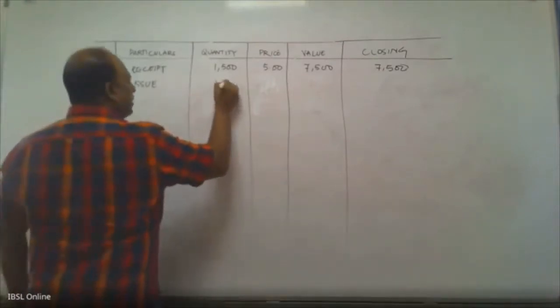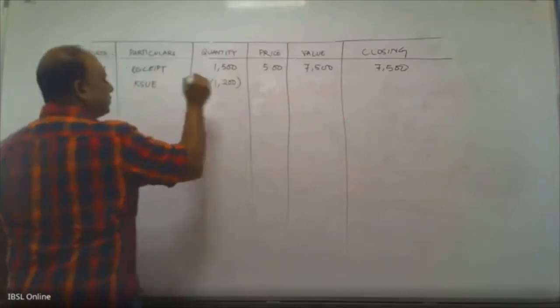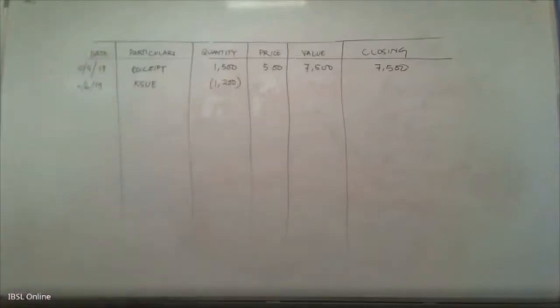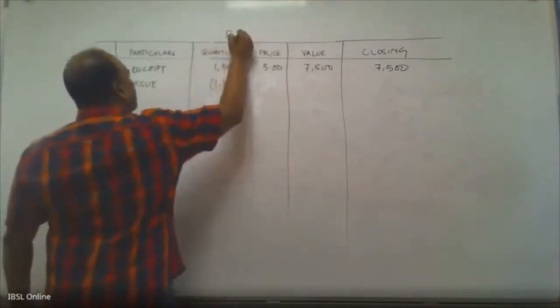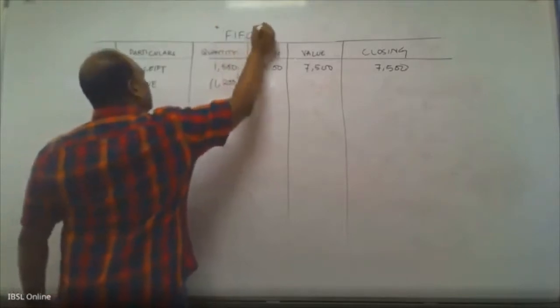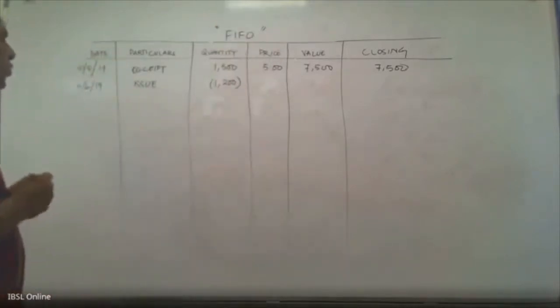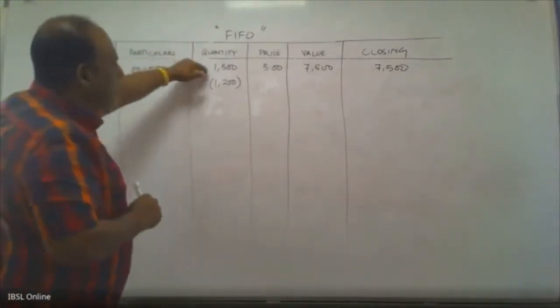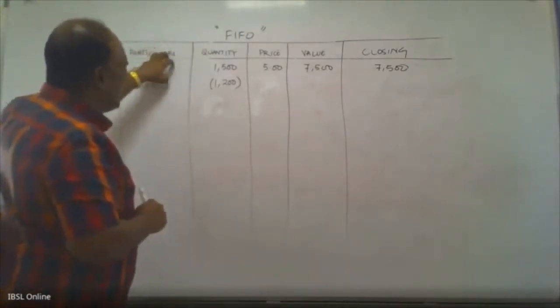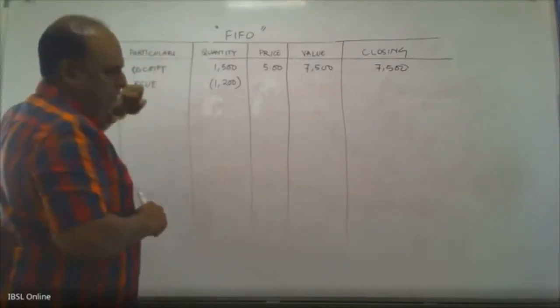I will put that like this. 1,200 units, because I have issued. It's a negative. Now the problem is I am using FIFO. So using FIFO means I have to see what came into the business. What you have received first will have to be issued first.